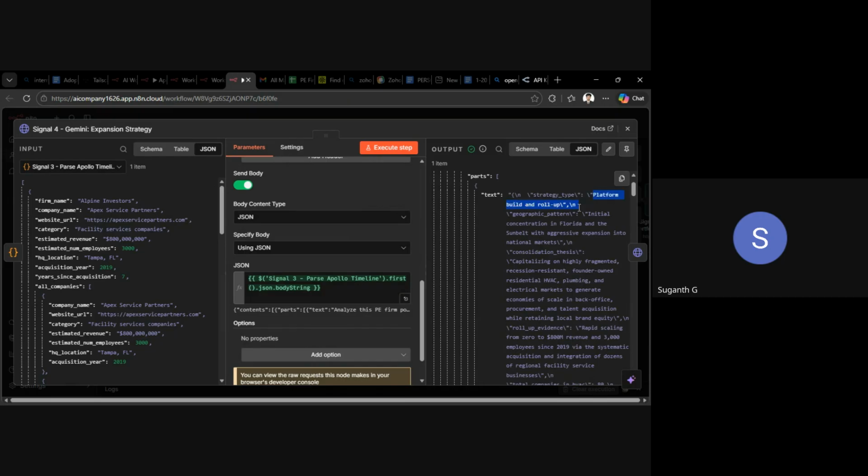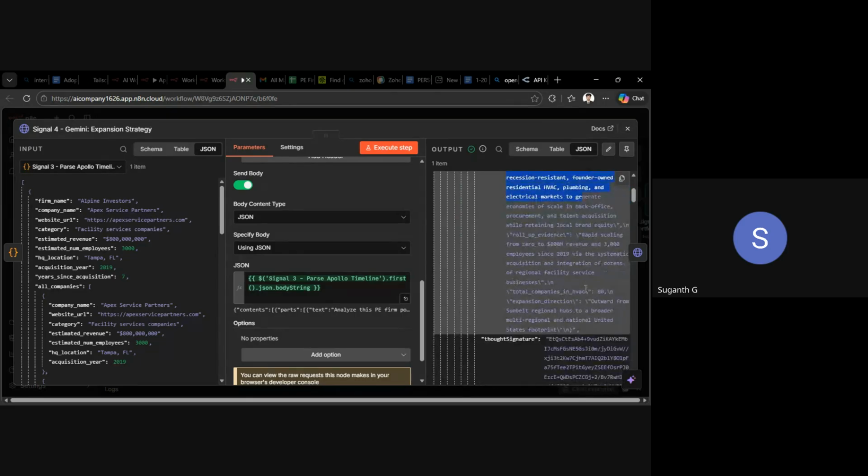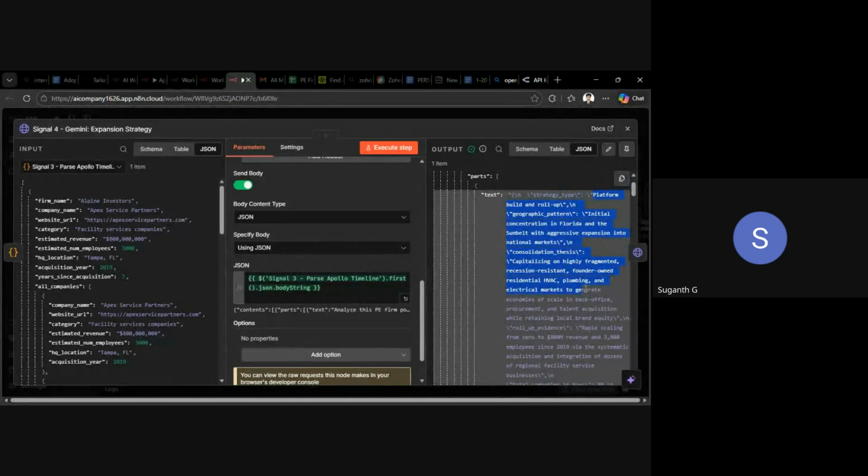So platform build and roll up. Initial concentration in Florida and the Sun Belt with aggressive expansion into the national markets. Capitalizing on highly fragmented, founder-owned residential HVAC funding, and so we got every detail of their expansion strategies here.